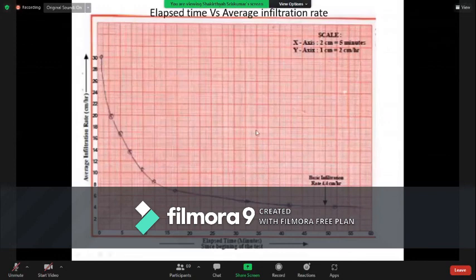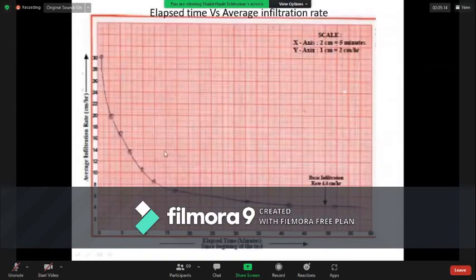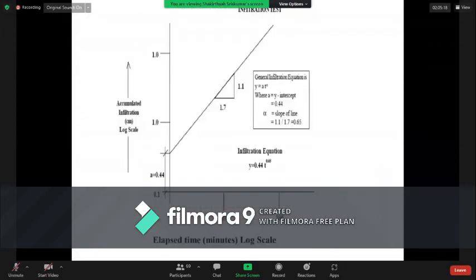And here, this is a graph between elapsed time interval versus average infiltration rate. The graph is something like this. After that, to get a linear value, as we already discussed, we have to take log values.